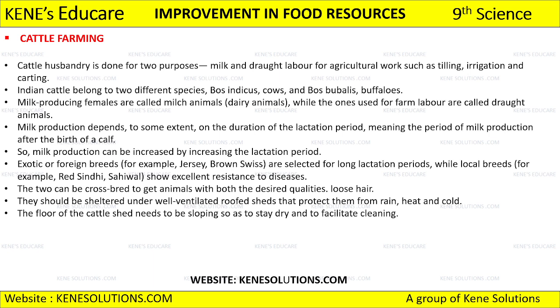The milk production duration depends upon the lactation period itself. So we can increase the production of milk by increasing the lactation period. This is one of the solutions we have to increase milk production.